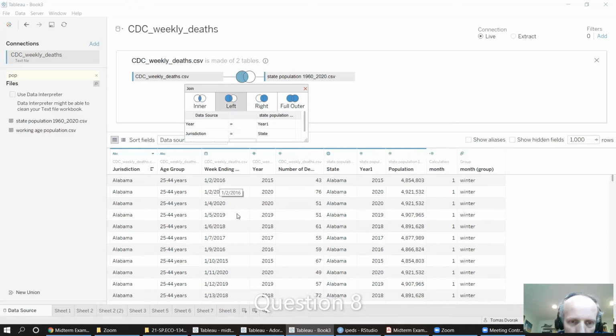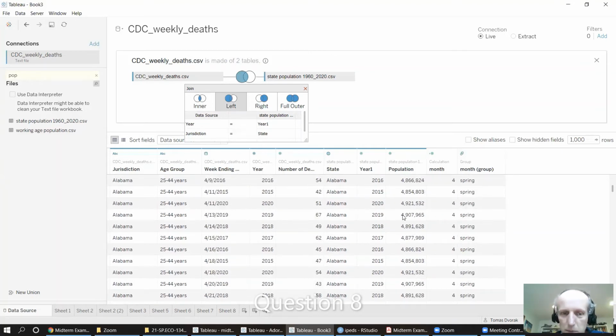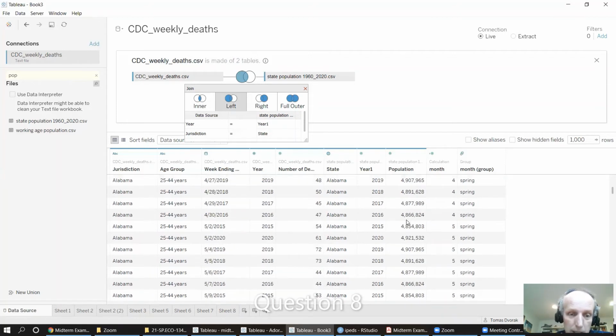So if I'm looking at, let's see, this population varies by state and by year in the state population data, but that population is going to be constant across different age groups, because I don't have a population for each age group. I just have the total state population. Okay, so that's how we can join the data.